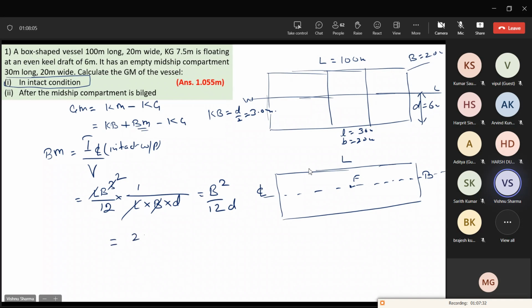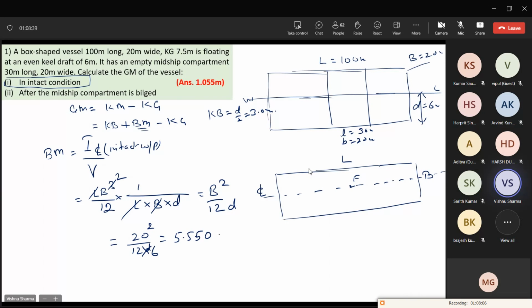And B is 20, squared, by 12D. D is 6, sorry, my mistake. 6 is D. How much do you get, beta? Can you pick up the calculator? 5.55. Please say the full number once, beta. Sir, it is 5.550.